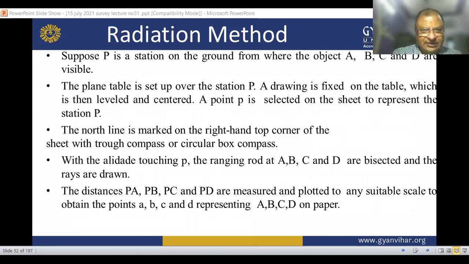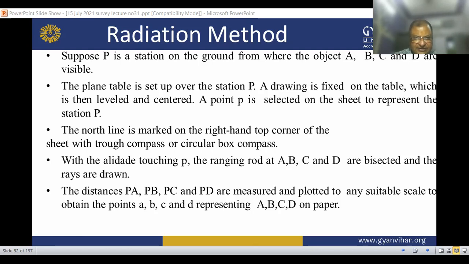The plane table is set up over the station P, leveled and centered, and a point p is selected on the sheet to represent the station P. The north line is marked on the right-hand top corner of the sheet with the trough compass or circular box compass.